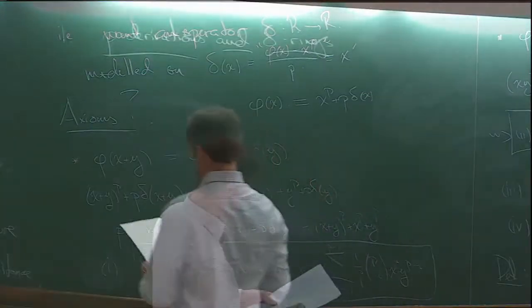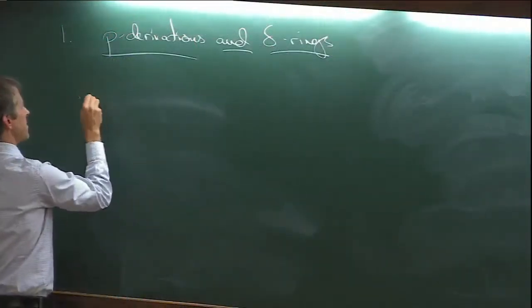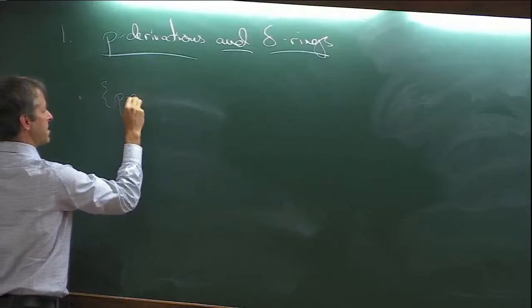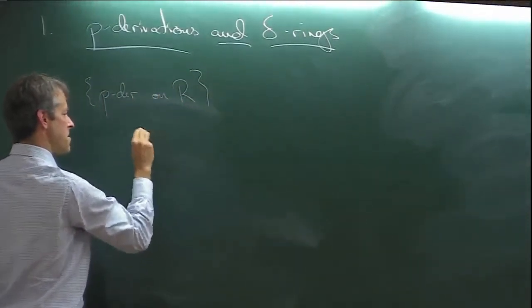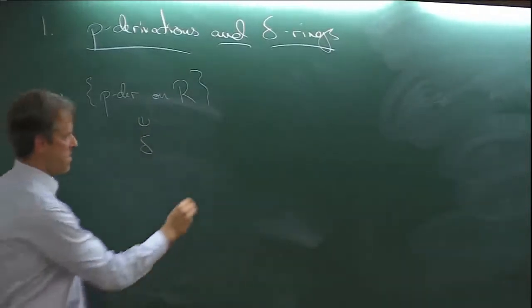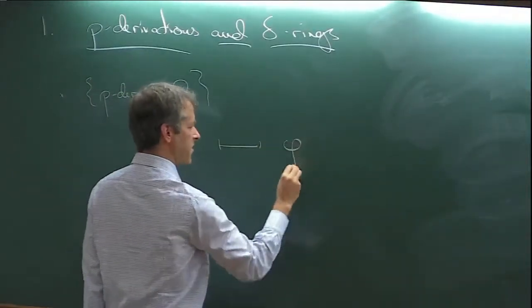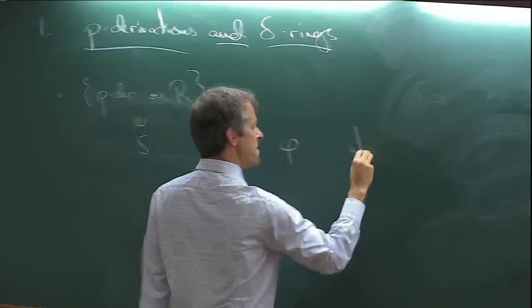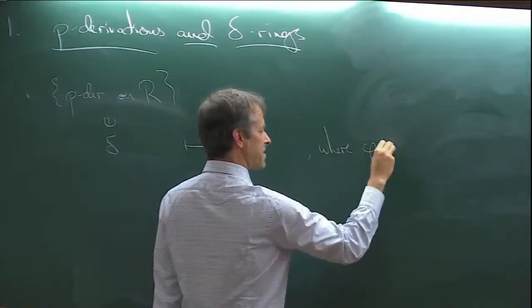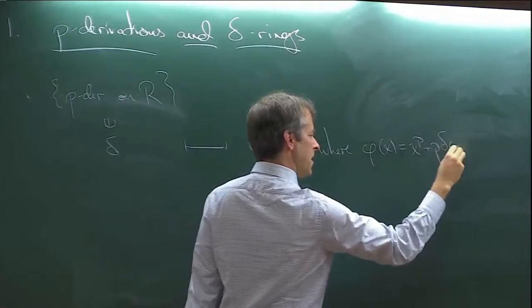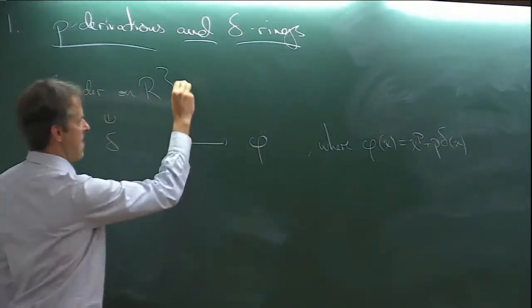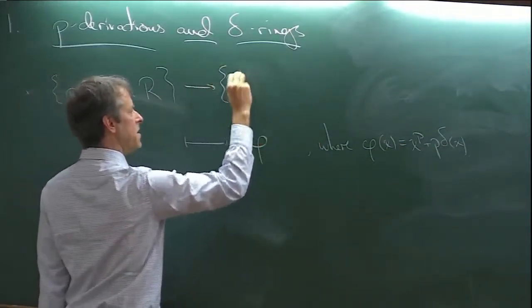Okay. So if you have a p-derivation on R, then you can make this Frobenius map, where phi of x is defined by the same formula I've written many times. You define phi of x that way, and that will be a Frobenius lift.